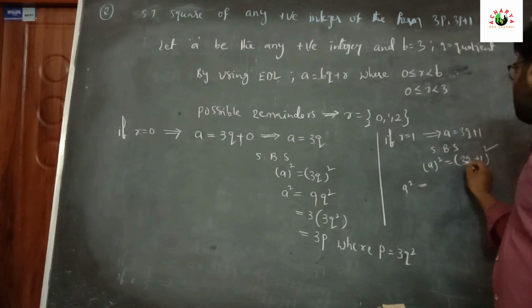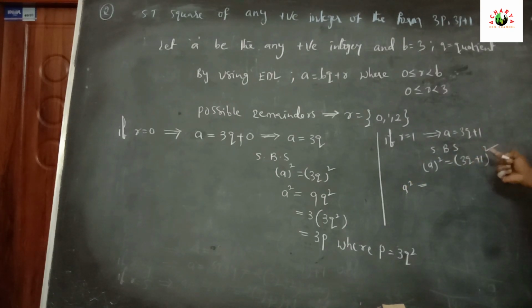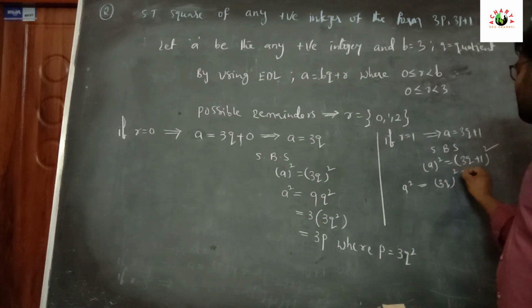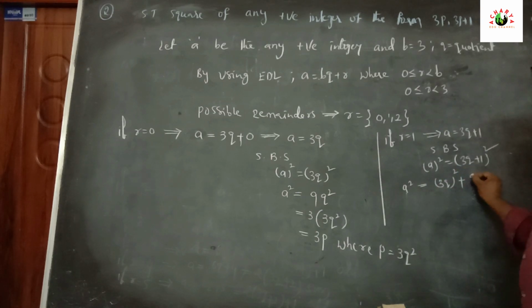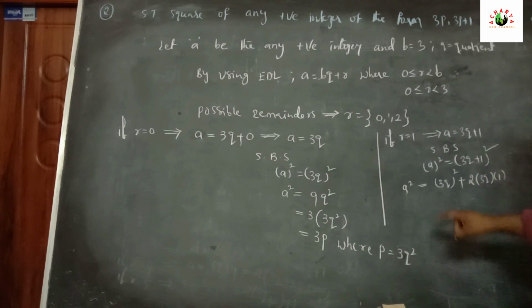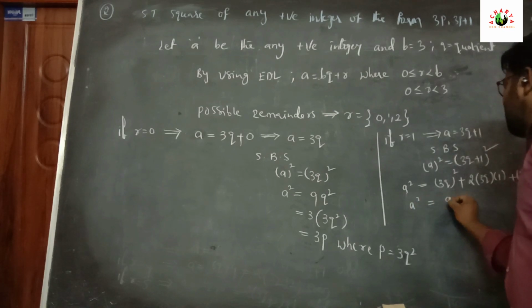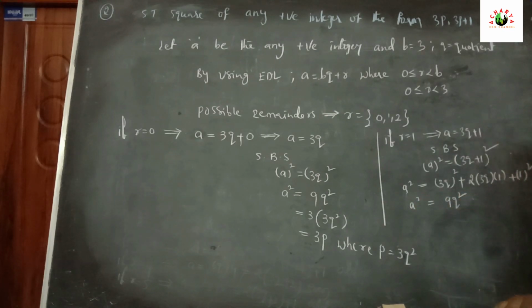It is in the form of (a + b)², which is a² + 2ab + b². So a² = 9q² + 2 into 3q into 1, that is 6q, plus 1.